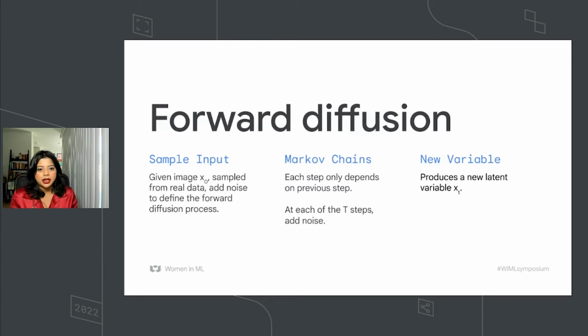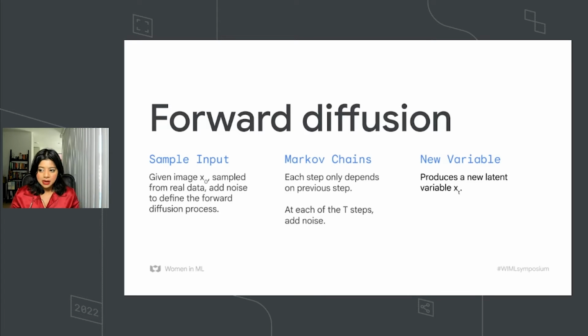So let's talk about the first part of it, which is forward diffusion. This is the part where we basically add noise. We're going to take some input image that's a real data point and add noise to it. We also use Markov chains for the noise injection process, and in that, each step only depends on the previous step.